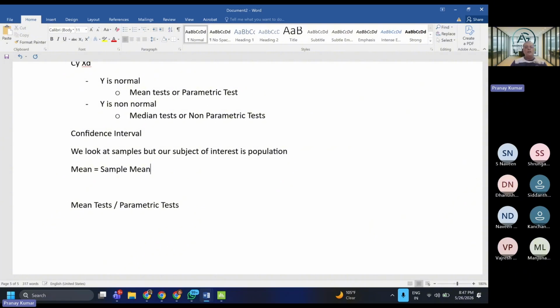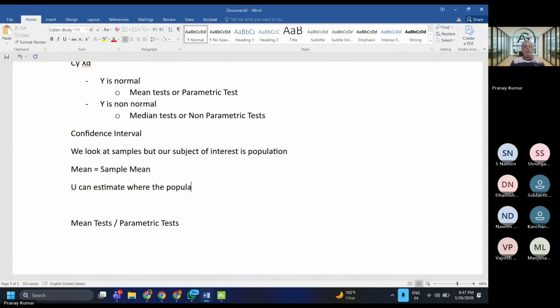Because I have sample data only. But mathematics gives you the option of concluding where the population mean is expected to lie. You can estimate where the population parameter is expected to lie.